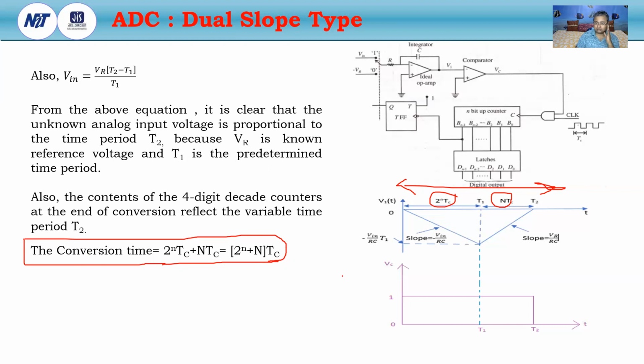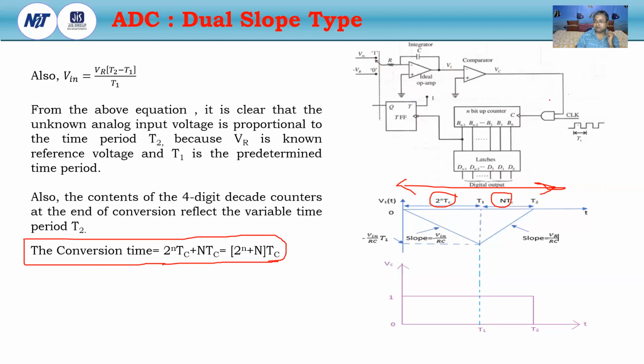So in conclusion, when the switch is connected to V in, then V1 is negative, less than 0, so VC will be 1.